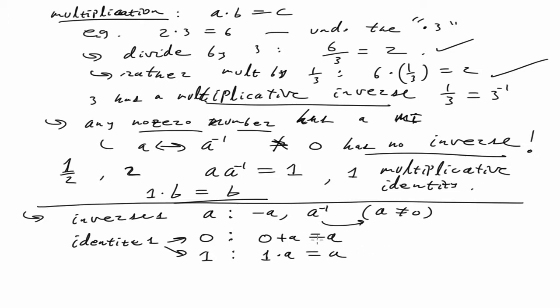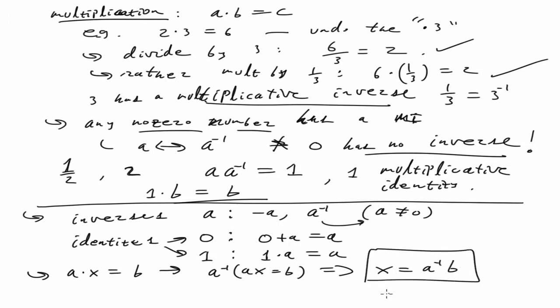Okay, very nice. And why these work so well is, if you have an equation, of course you have a times x is equal to b. What I can do then is multiply both sides of the equation by a inverse, and I get x is equal to a inverse times b.